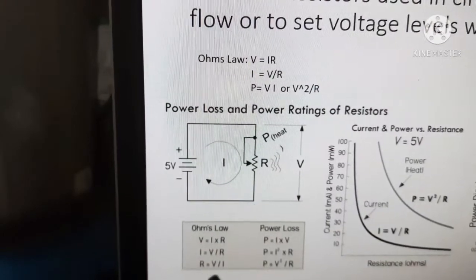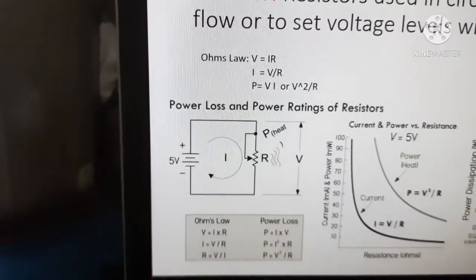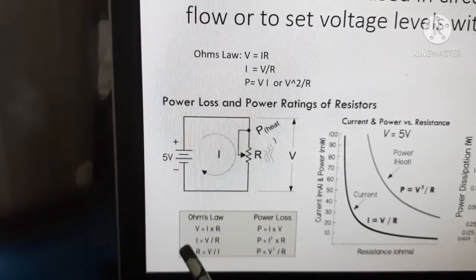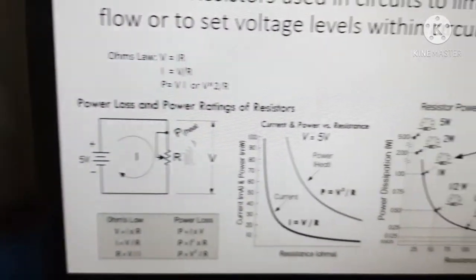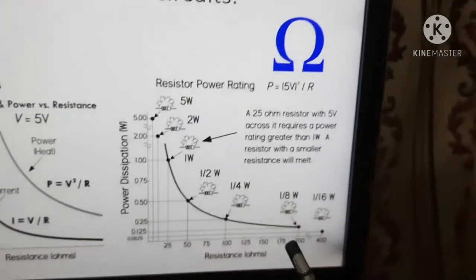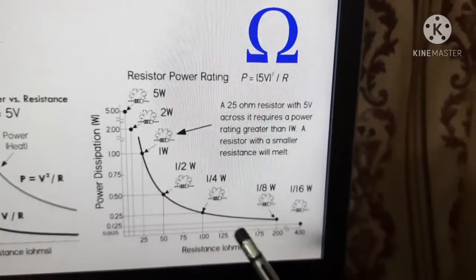Here these are the formulas derived from Ohm's law, which I am not going to go through completely because everyone is aware of this. Now we will see more into this, how the resistance wattage we need to calculate.